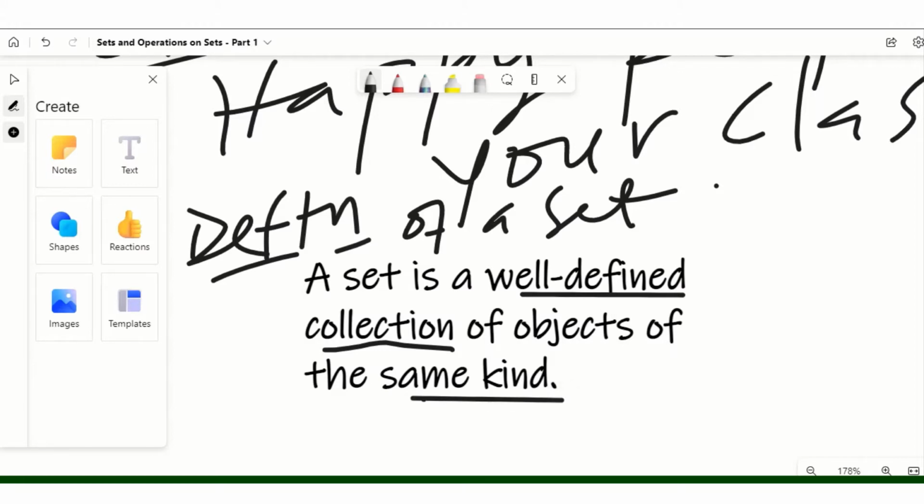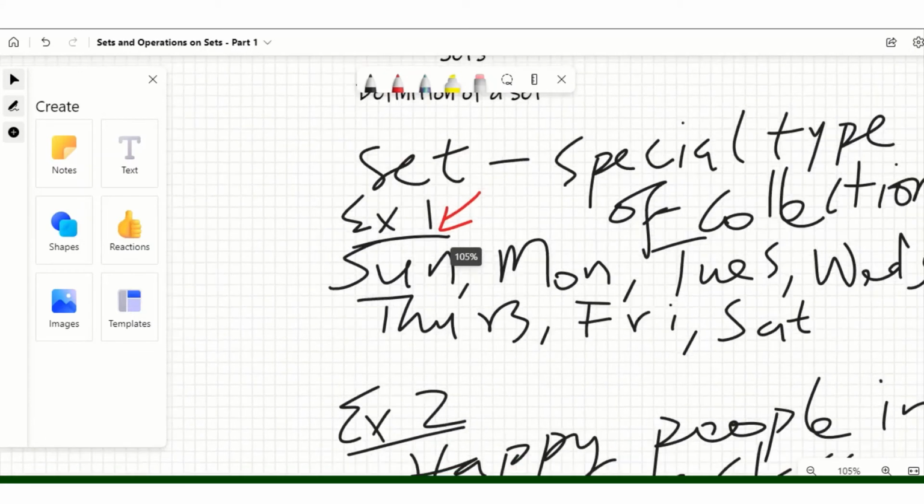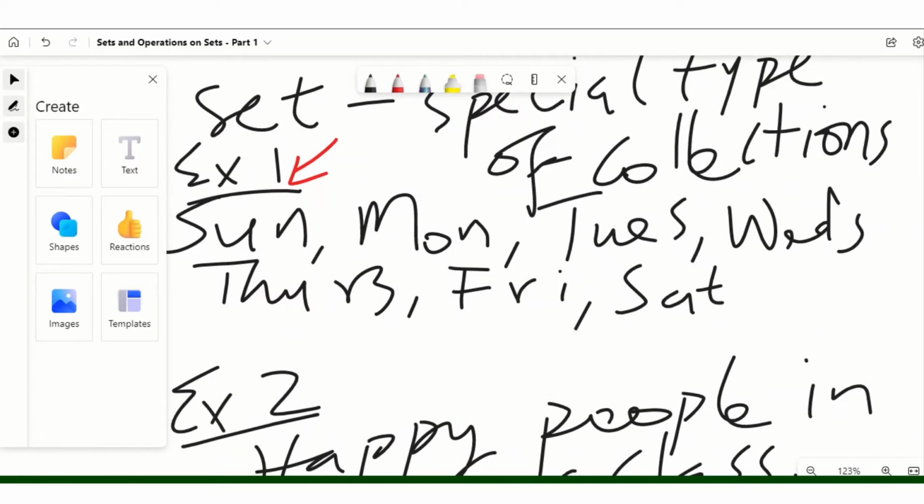So when you take our first example, it's Sunday, Monday, Tuesday, Wednesday, Thursday, Friday, and Saturday. If I should include this object, July, the moment I include July in this first example, this collection ceases to be a set.